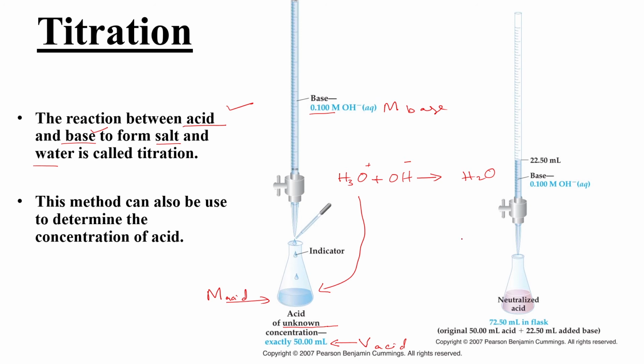At that point, when this solution turns pink, we stop adding base, right? And if we look at the reading, it is 22.50 mL, and this is the volume of the base. So from this experiment, we have the molarity of the base, the volume of the base, and the volume of the acid. With all these things, we can find the molarity of the acid.